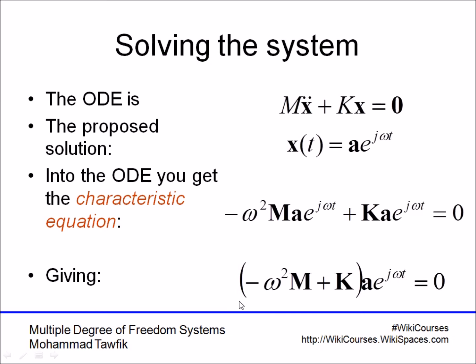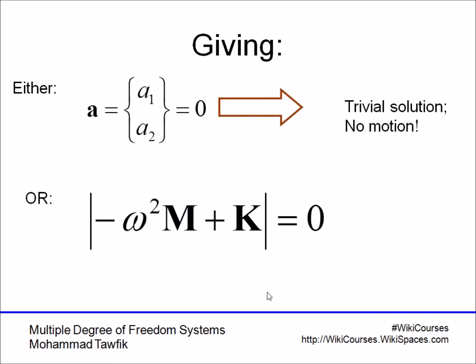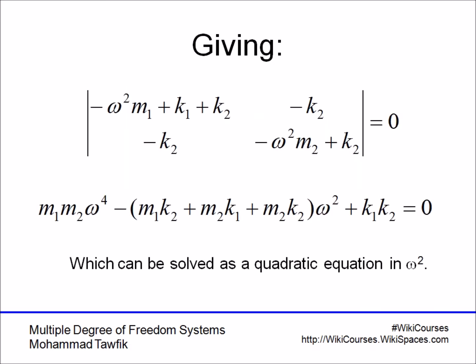In linear algebra jargon, we call this the eigenvalue problem, or the eigen problem, in which you will get the eigenvalues omega squared, and these are the values that will make the matrix k minus omega squared m uninvertible. So to find the values of omega that create that condition, set the determinant of the matrix k minus omega squared m equal to 0.